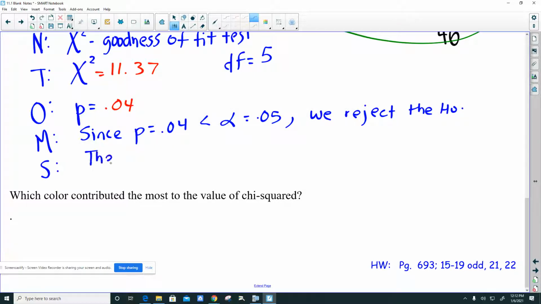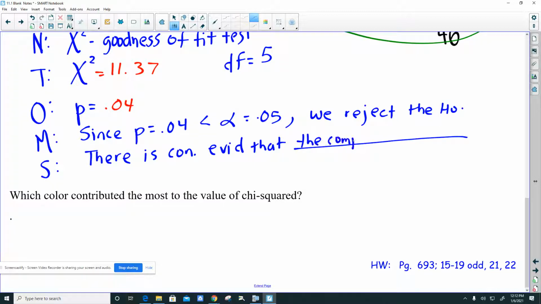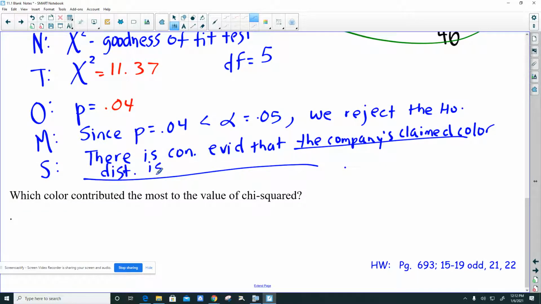And we can say there is convincing evidence that, I'm going to state our alternative hypothesis here, the company's claimed color distribution is not correct.